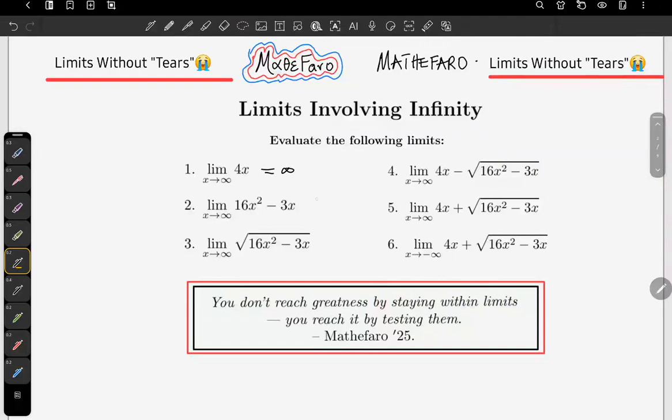The second one, we got these to be equal to infinity. The next one is this equal to infinity. Surprise, surprise, this is not infinity. It was the last question we did in the last video, and this is 3/8.